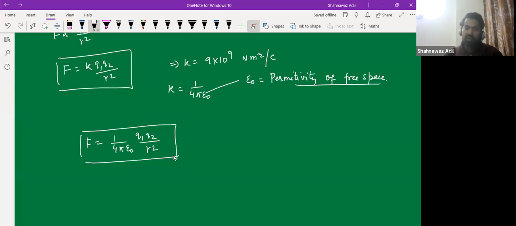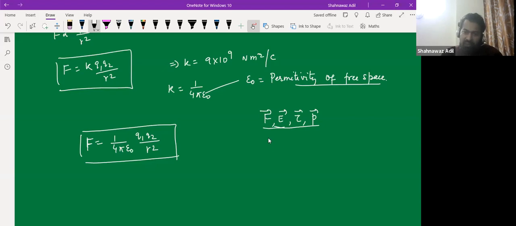Force is a vector. To represent the force, we have to also represent the direction. Force, electric field, torque and dipole moment, all these things are vector quantities.